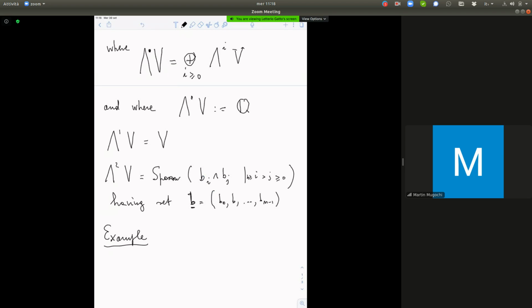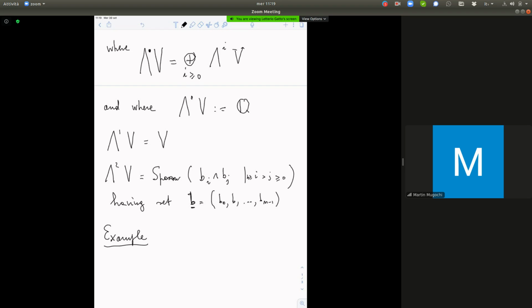Unfortunately, the official notation is wedge iV, and we could also invent another notation. But the reason I'm using this is because it's the one most of you will find in the literature.